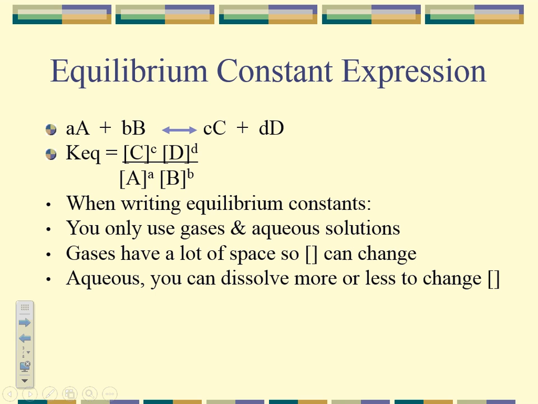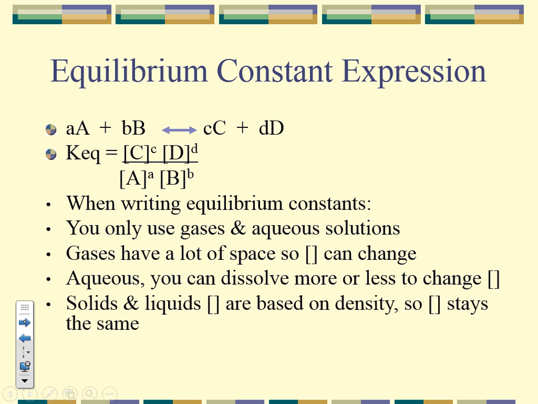You can add more solid to increase the saturation of the solution, therefore changing the molarity, or you could dissolve less. So equilibrium can change with gases and aqueous solutions because of how their concentrations can change. Solids and liquids, their concentration is based on their density, and their density can't change, so their concentration doesn't change within the expression.